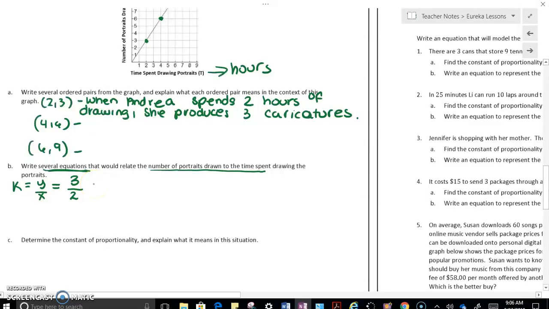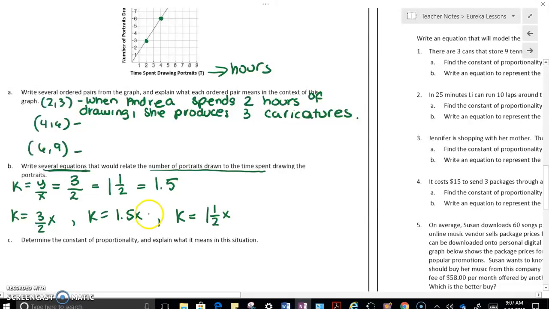Now, if I were to simplify 3 halves, I would end up with 3 different values: 3 halves, or 1 1/2, or 1.5. So I end up with y equals 3 halves x, y equals 1.5x, and y equals 1 1/2 x.